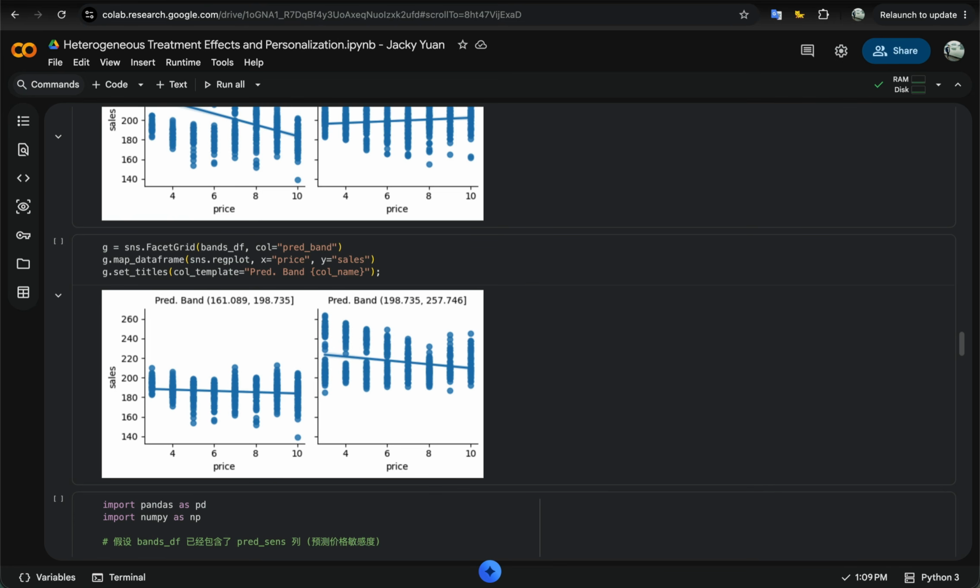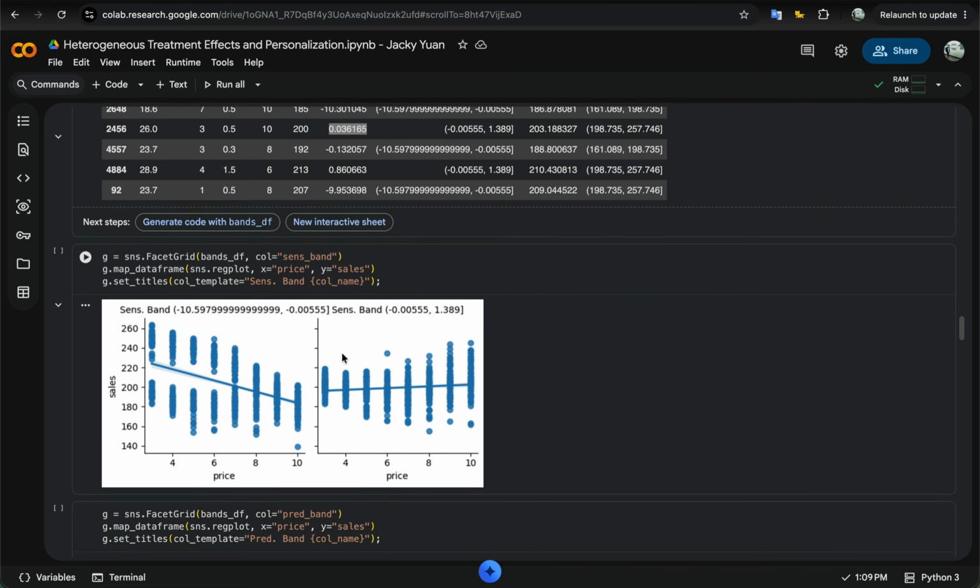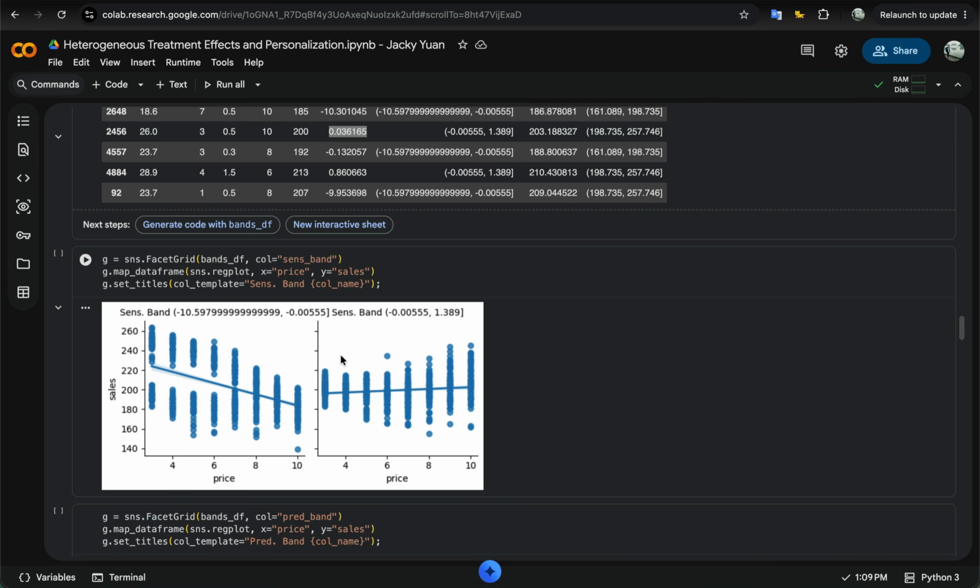This is personalization, but grounded in causal inference. We are not personalizing because the model says the sales are high. We are personalizing because the estimated treatment effect is different across contexts, here again temperature, cost, and weekdays. This is a key distinction.